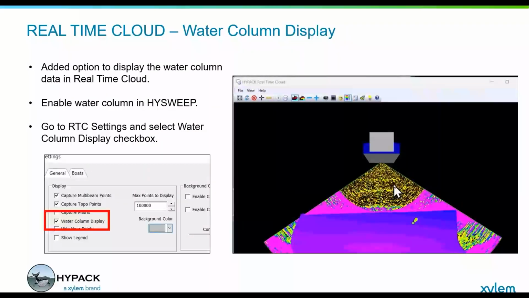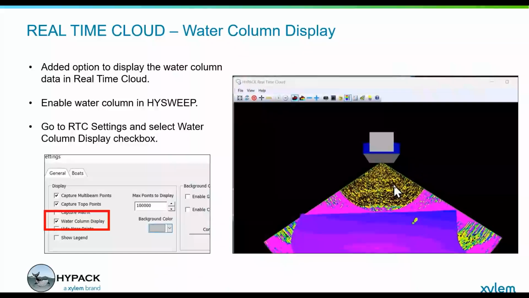And then another for real-time cloud, now you can see the water column display as well. So just enable that water column in HYSWEEP, then you'll see water column display option in the real-time cloud settings, and then you'll be able to display that. So you get the water column profile as we see here on the screen, along with your sounding points coming from the Multibeam. Pretty cool.